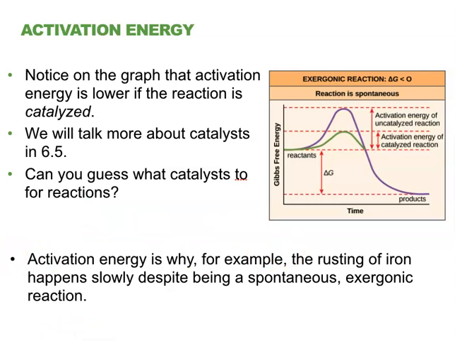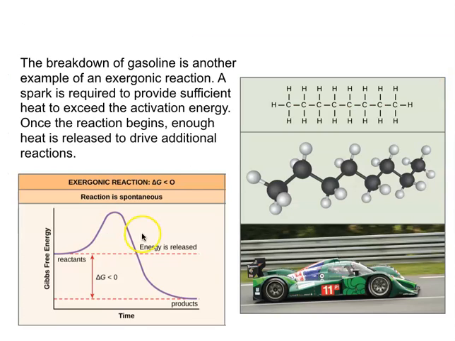Okay? And now when you think about it, what's going to happen is the breakdown, of course, is an exergonic reaction, and that's the amount of energy that's going to be released by the breakdown of, in this case, some ethanol/gasoline type product.